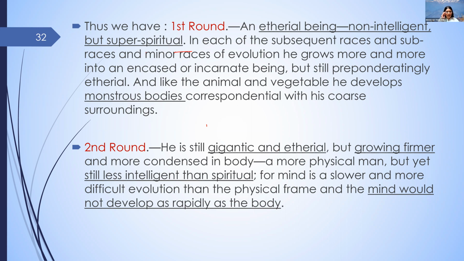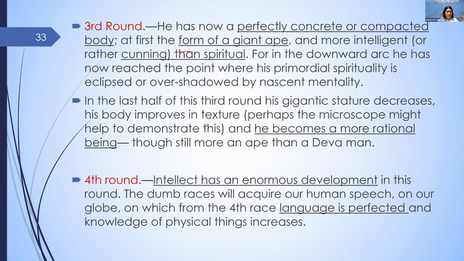Now in the third round, how is man? In the third round, he has now a perfectly concrete or compacted body. At first, the form of a giant ape, and more intelligent, or rather cunning, than spiritual. So this is the third round. In the third round, the body of man is fully consolidated. It is well formed and it has an ape-like shape.